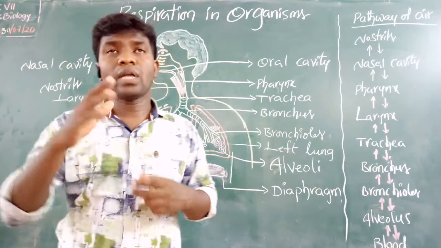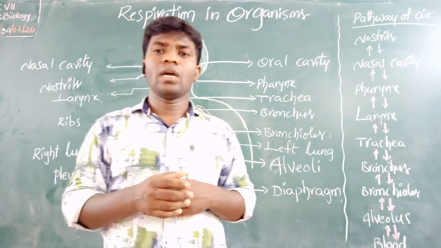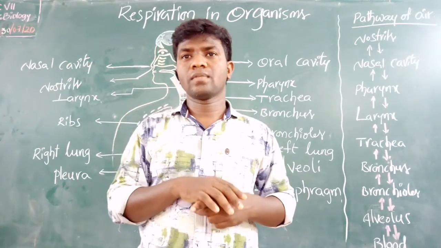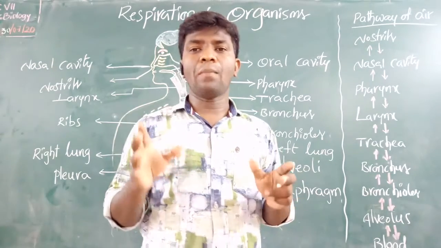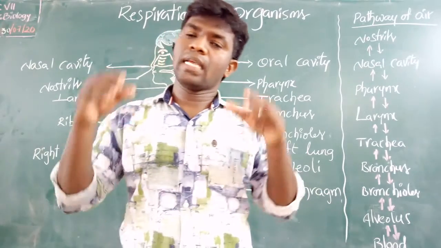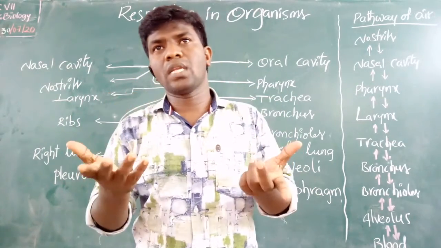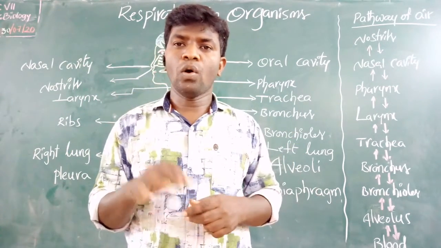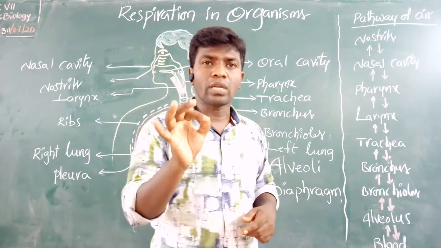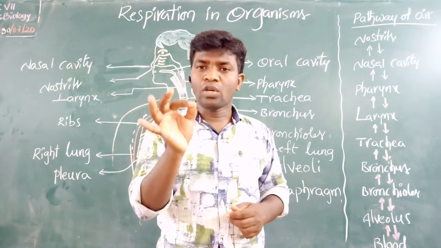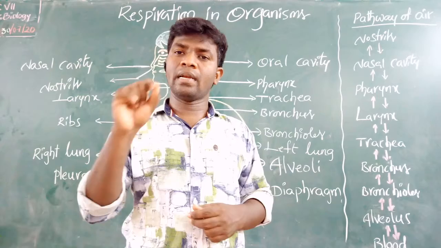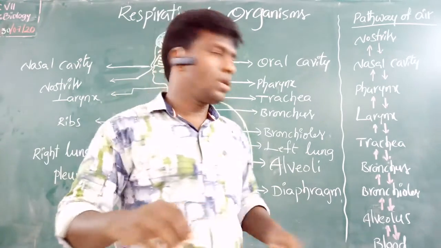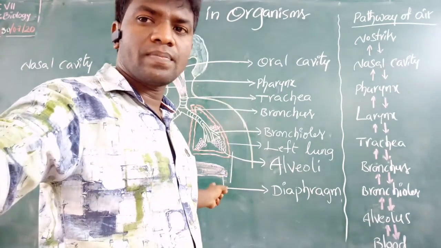Okay, but after completion of the exhalation, nearly 120 ml of air remains in the lungs. So what is the total lung capacity? The total lung capacity is 5,800 ml.